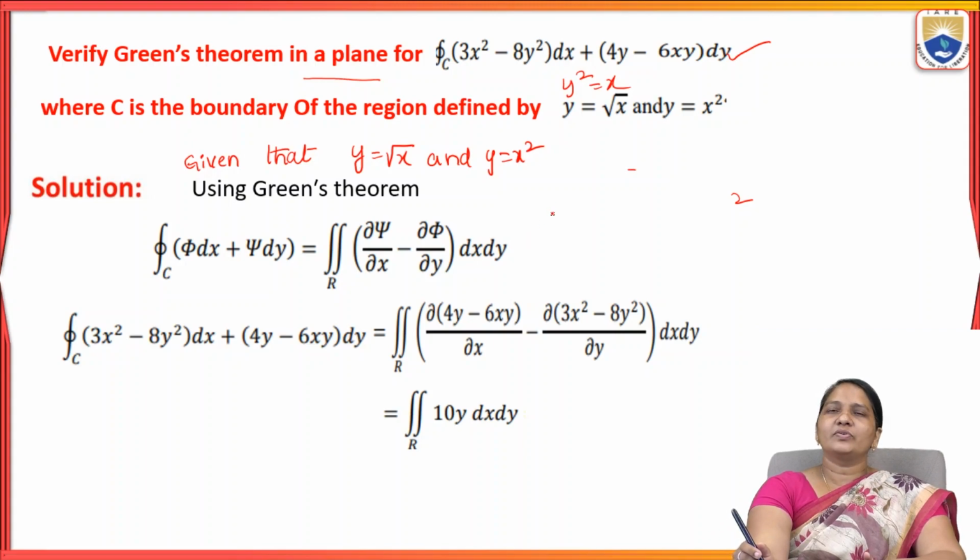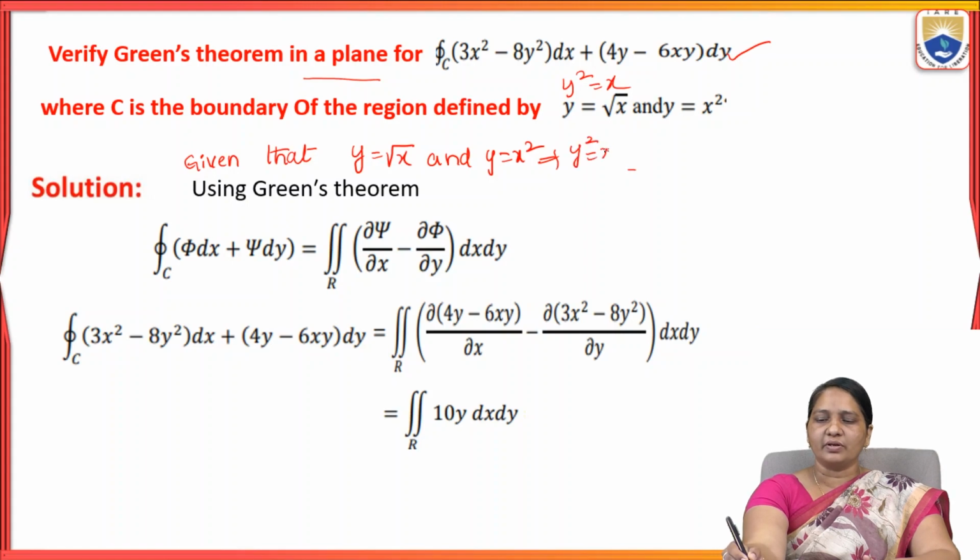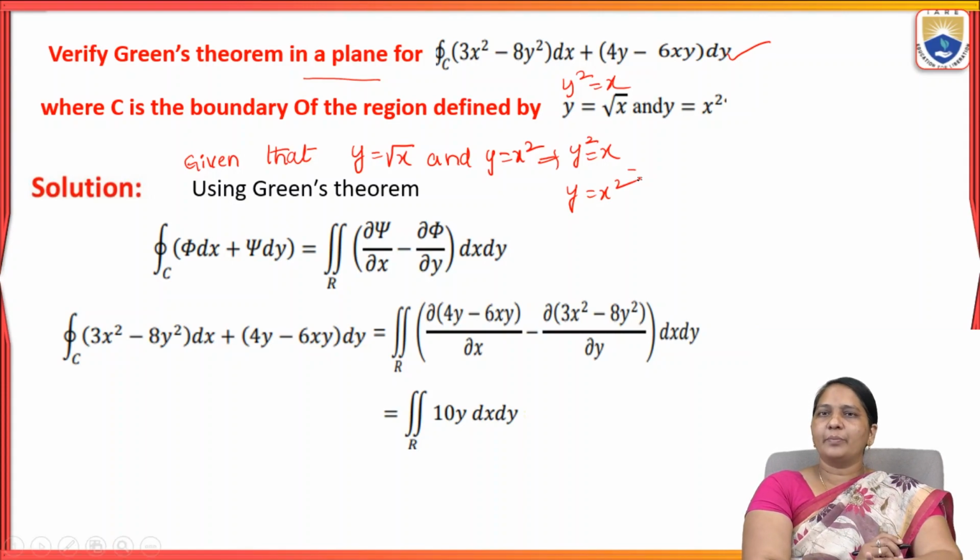First of all, we should know about the curves y equal to root x and y equal to x square. Already I told you y equal to root x means we can write y square equal to x, and here y equal to x square. So I am going to draw a figure based on these curves to get better clarity.